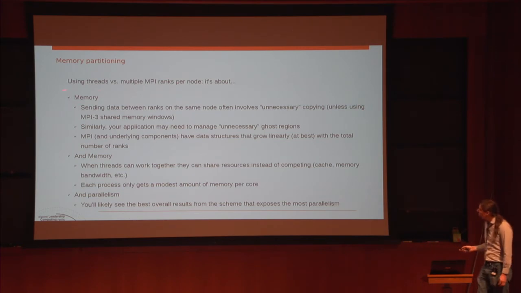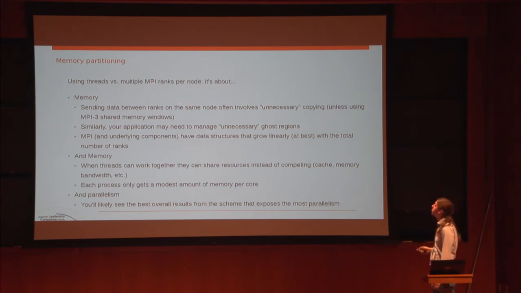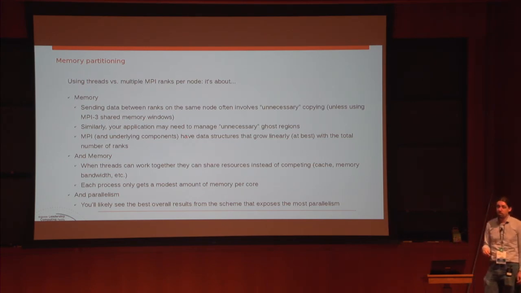Okay, and another question which often comes up is the choice between using threads and using multiple MPI ranks per node if you have an MPI application. And I've mentioned here a number of considerations. Mostly it comes down to memory. If you use multiple MPI ranks, you normally have ghost regions that you need between ranks.